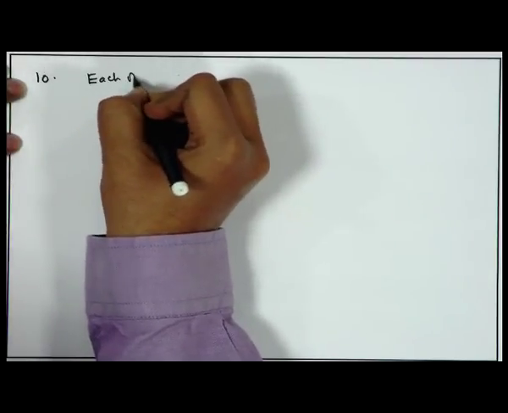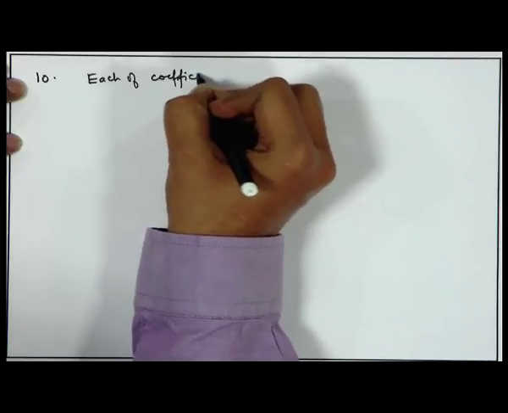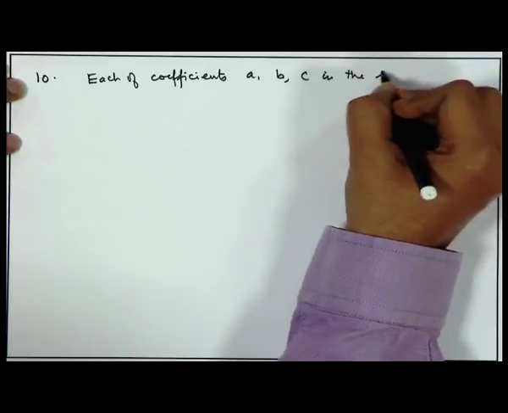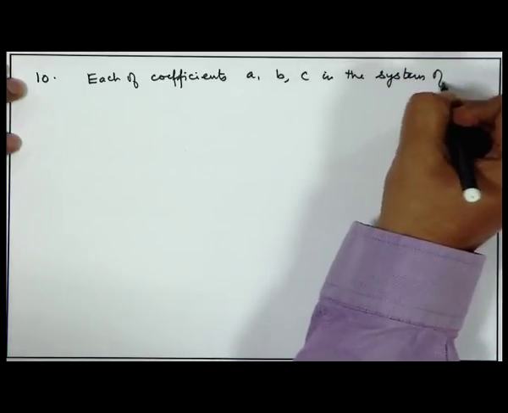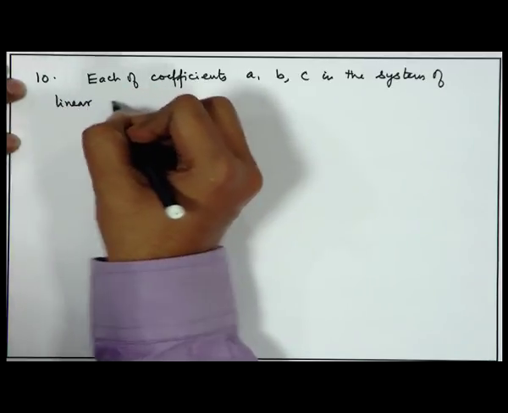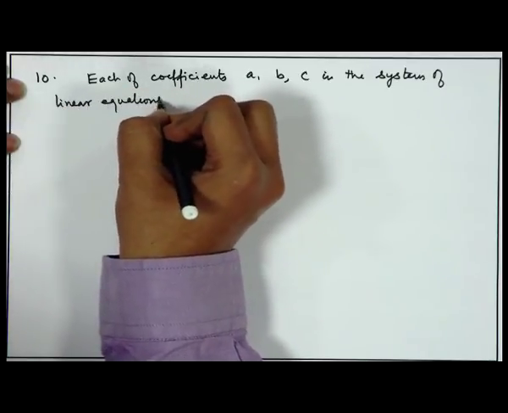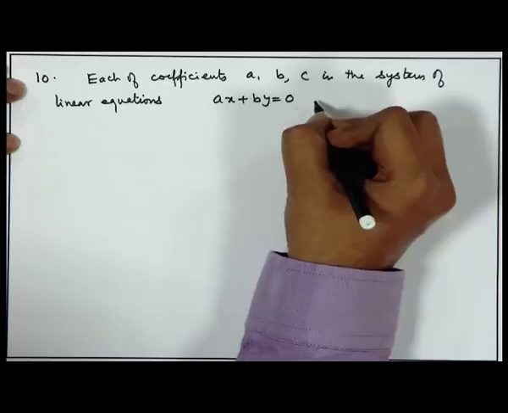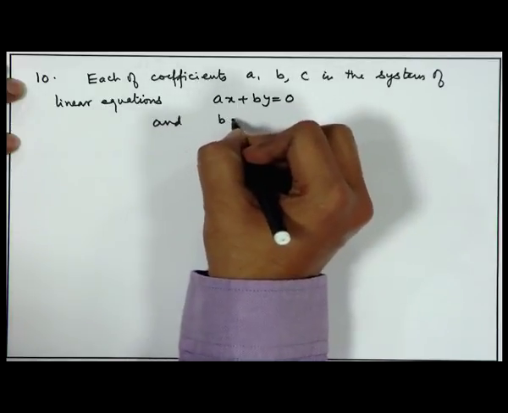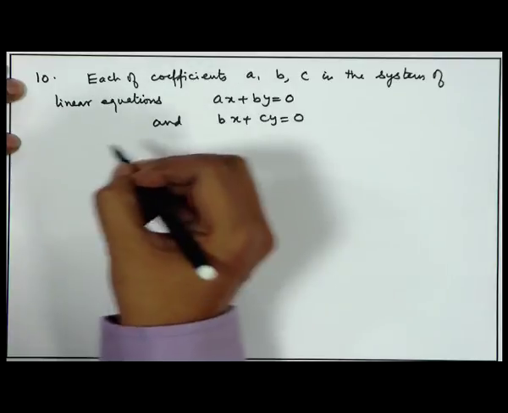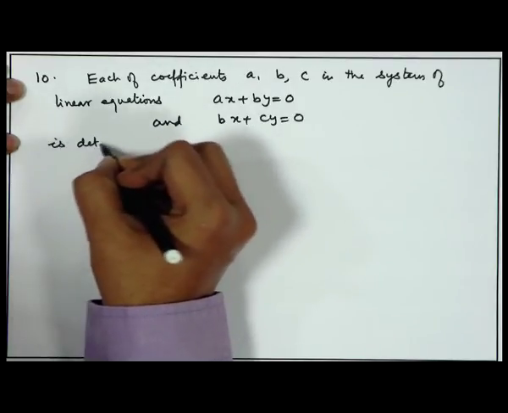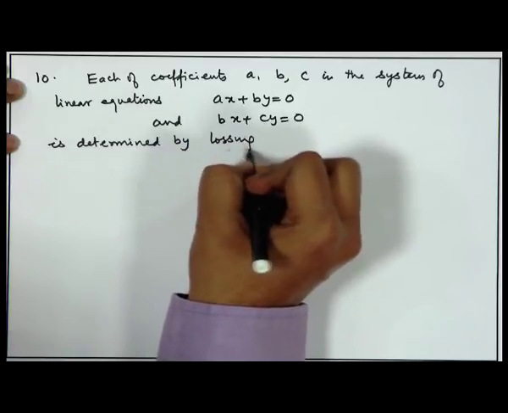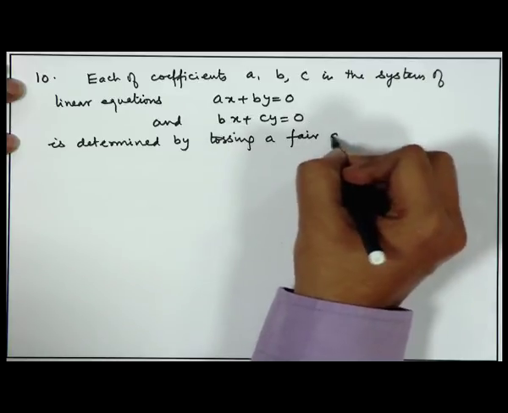Each of the coefficients a, b, c in the system of linear equations a x plus b y is equal to 0 and b x plus c y is equal to 0 is determined by tossing a fair die.